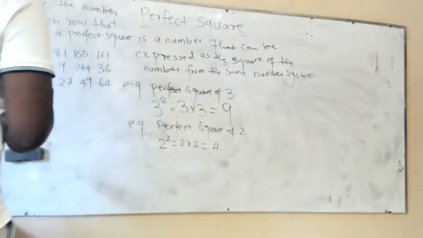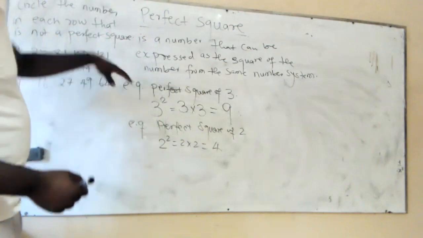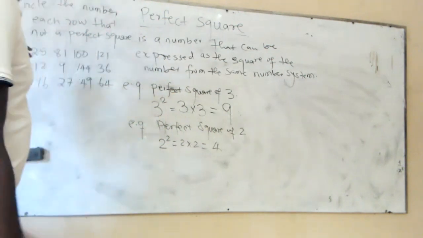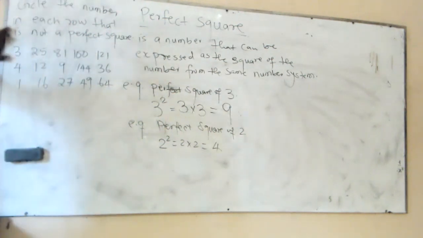So let's identify those numbers which are not perfect squares. I believe by now you know what we mean by a perfect square. So is 3 a perfect square? Wait, let me first copy the instruction. Yes, copy everything. Circle the number in each row that is not a perfect square.